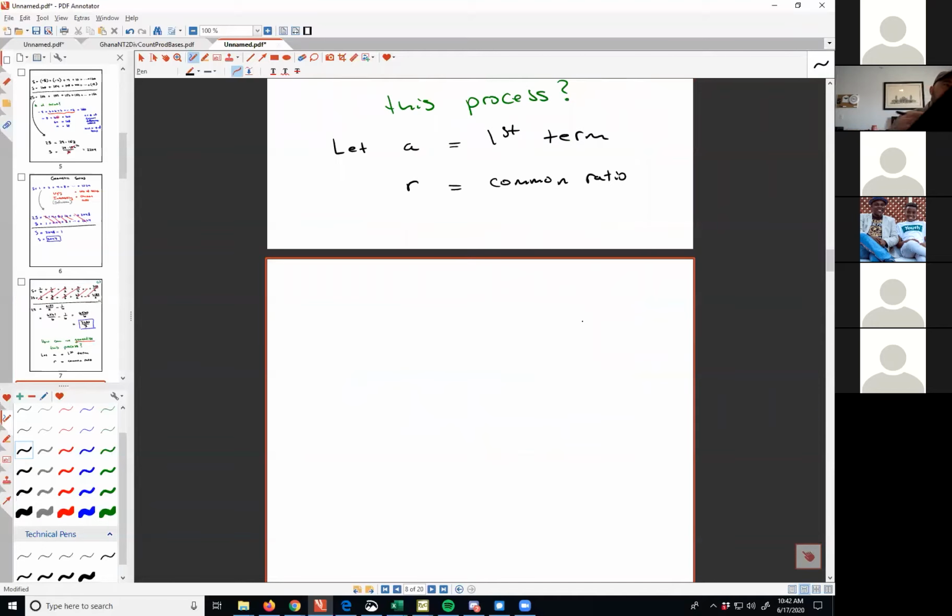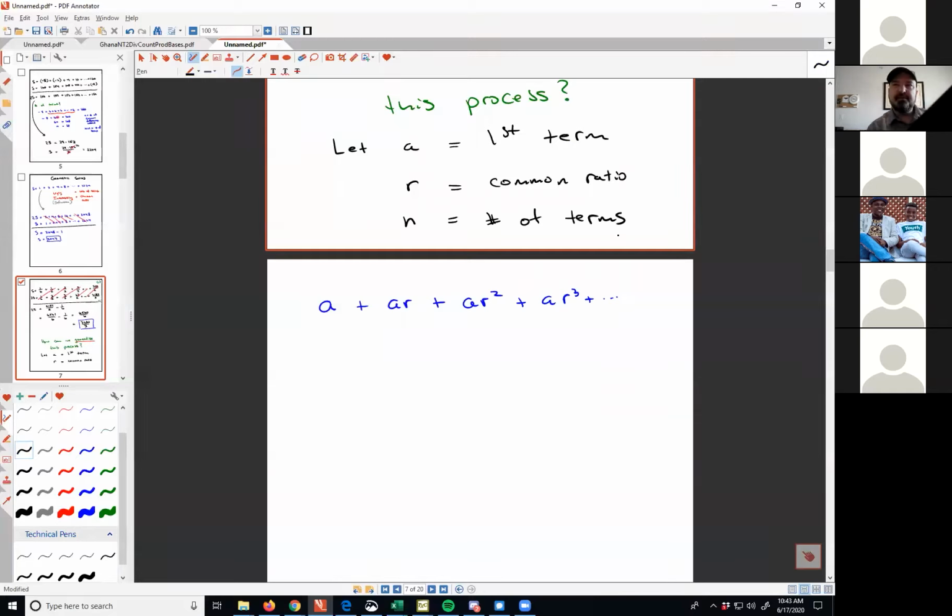And we're going to see what we get. Such a series looks like A plus, what's the second term? A times R, AR. The third term? AR squared, AR cubed, AR to the fourth. And then I'm going to let n equal the number of terms.